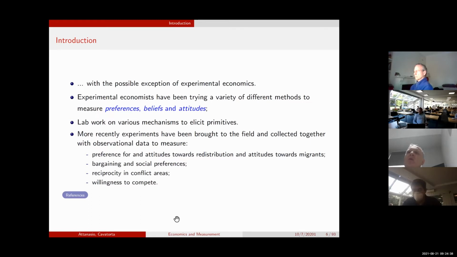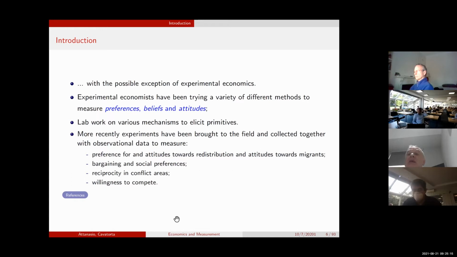Often these attempts were characterized by an encouragement to the subjects in the lab to abstract from their circumstances and to behave in a completely abstract way. So there was this divorce between attempts to measure stuff in the lab, on preferences mainly and attitudes, from measuring what people actually do.